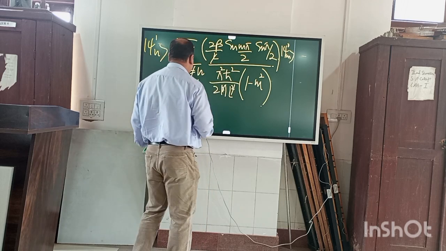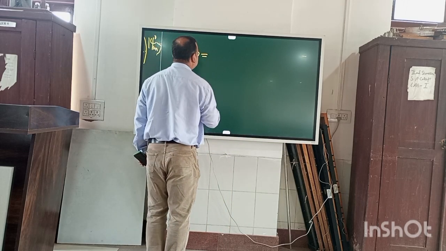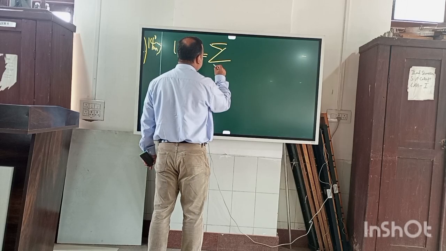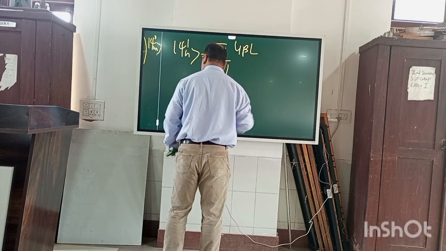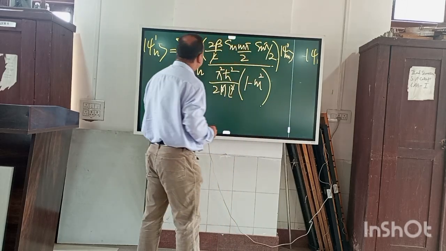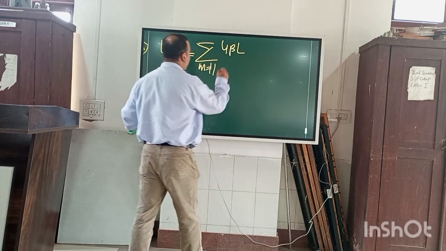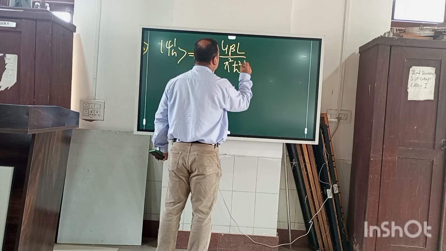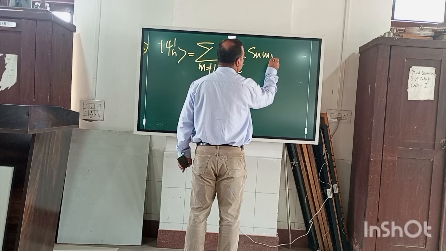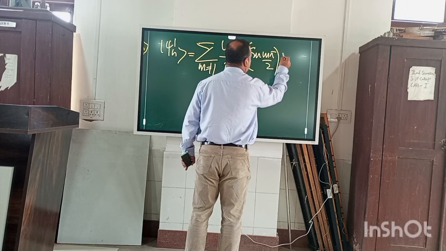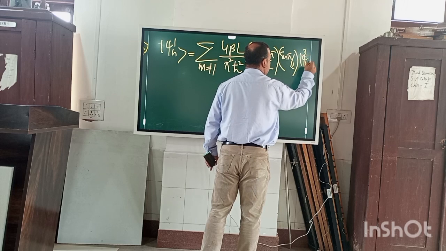So psi n1 can be written as the sum over m not equal to 1, and in the numerator you will have 4 beta L, and in the denominator you will have pi squared h bar squared, and then you will have sine of m pi by 2, and sine of pi by 2, and you will have the state psi m naught.